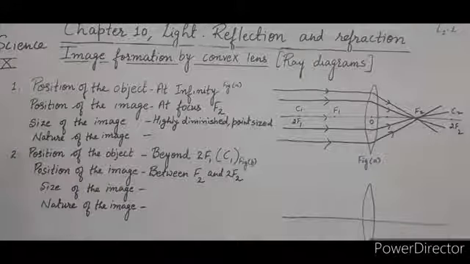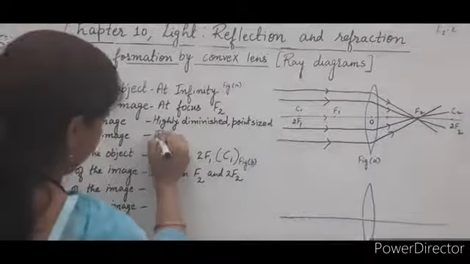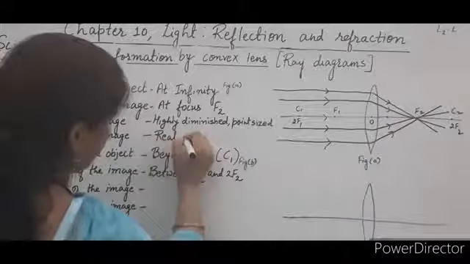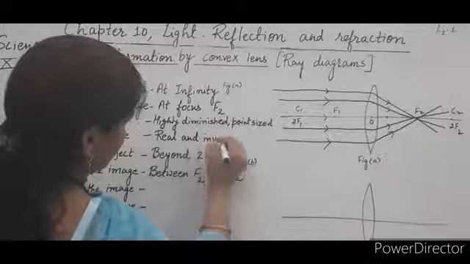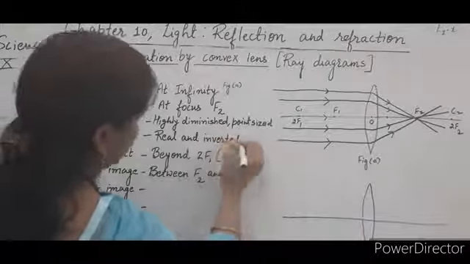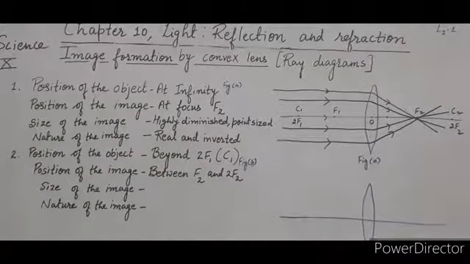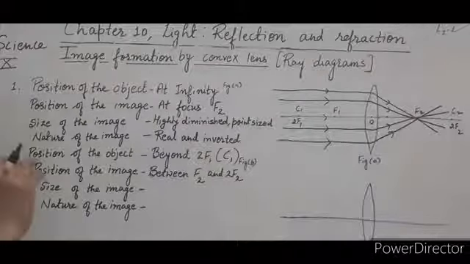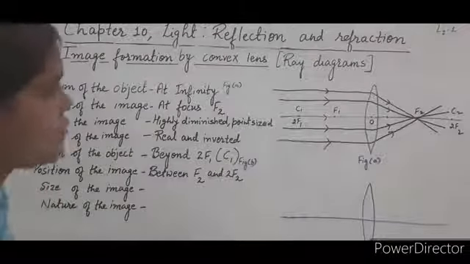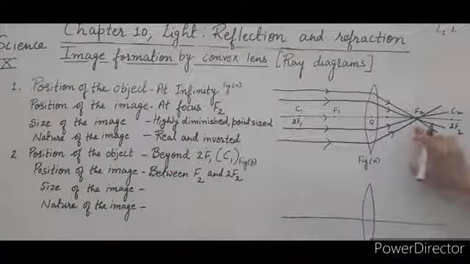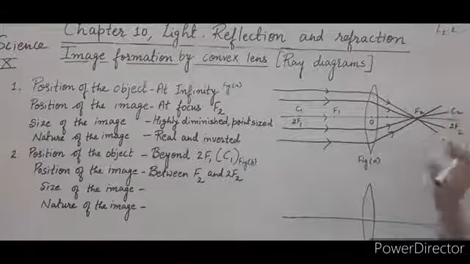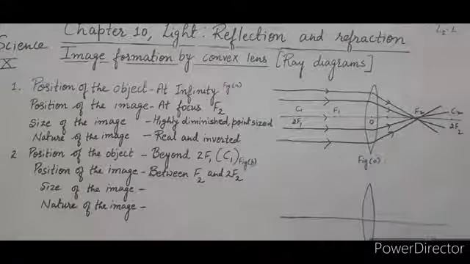The image is real and inverted. Real means it can be obtained on a screen, and inverted means upside down. So a real and inverted image is formed. So when the object is placed at infinity, image formation takes place at the principal focus, located on the other side of the lens. The image is highly diminished, real and inverted.